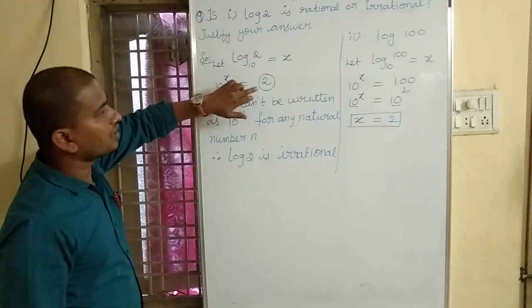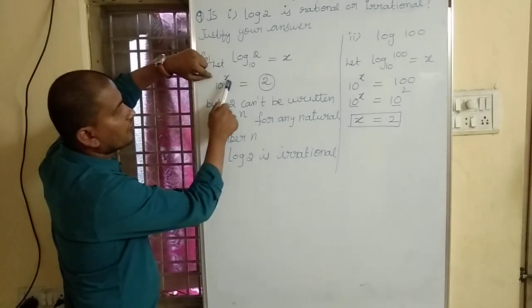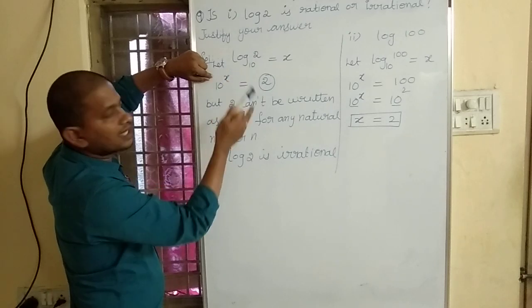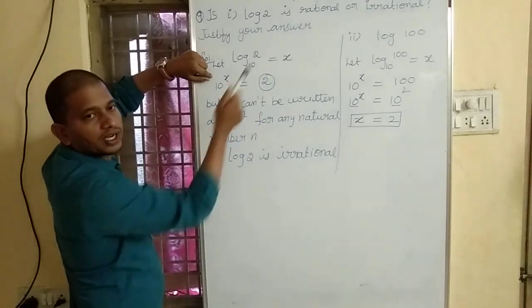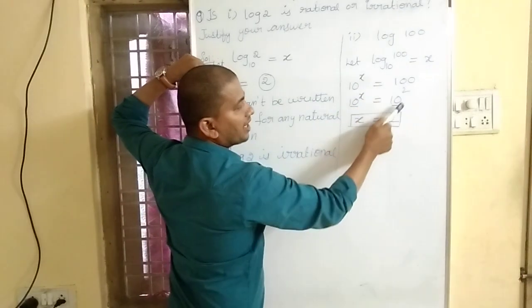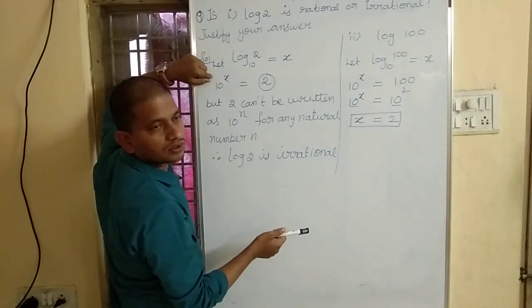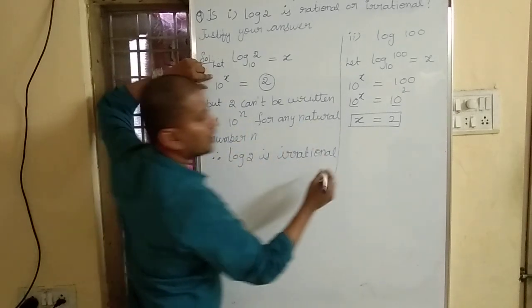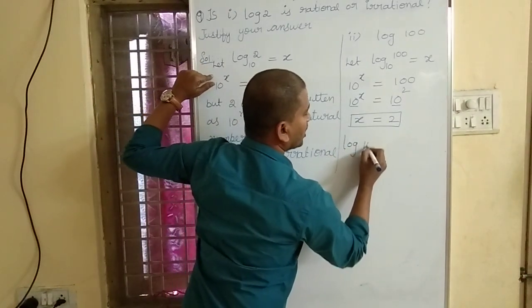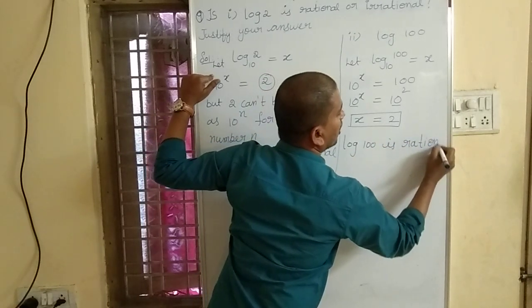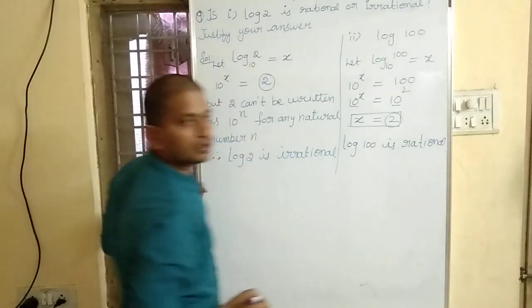Whereas in the case of log 2, 10 power x is equal to 2, and 2 we cannot write as 10 to the power of n. But here 100 we can write as 10 to the power 2. That's why log 2 is irrational, but log 100 is rational, because we got the answer 2. 2 is what?